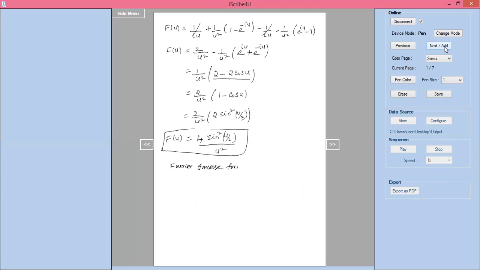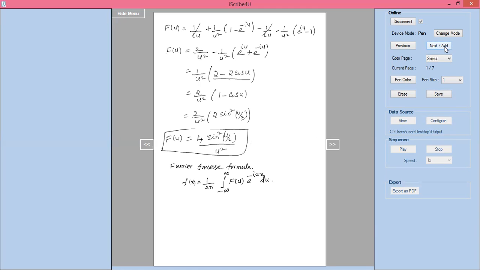What is the Fourier inverse formula? You know that f of x equals 1 by 2 pi into the integration from minus infinity to plus infinity of f of u into e power minus iux into du.